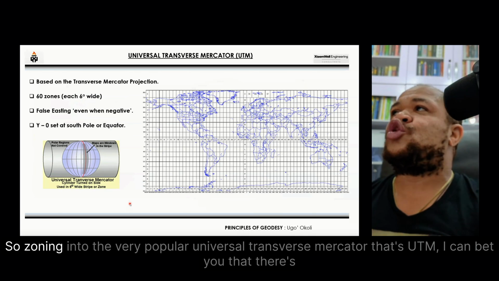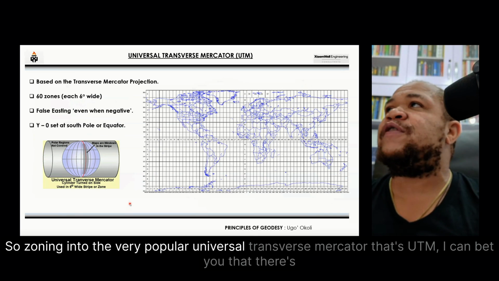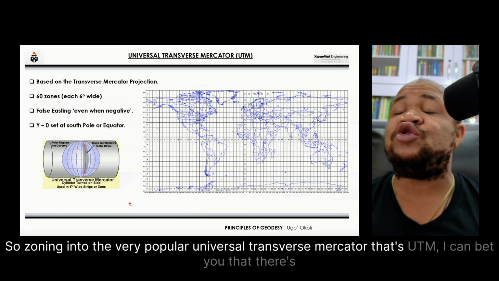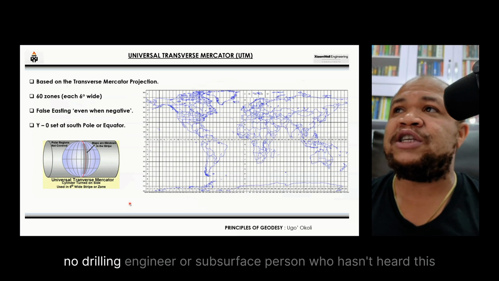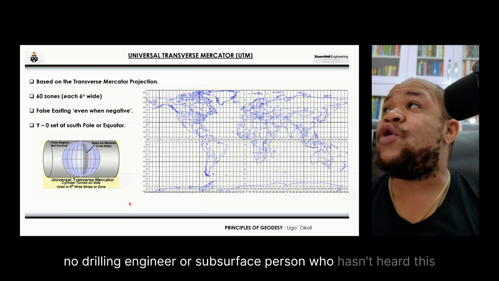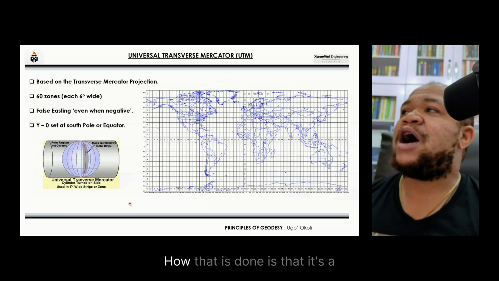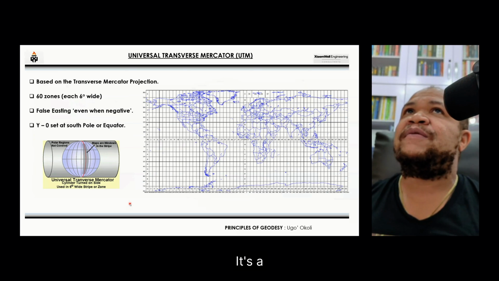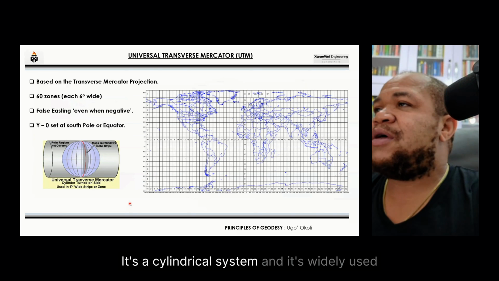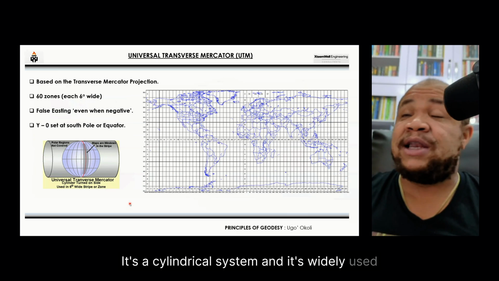So zooming into the very popular Universal Transverse Mercator, that's UTM. I can bet you that there's no drilling engineer or subsurface person who hasn't heard this. It's a cylindrical system, and it's widely used.